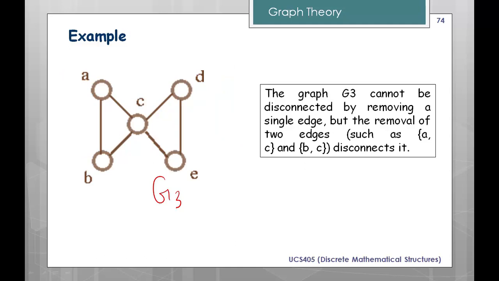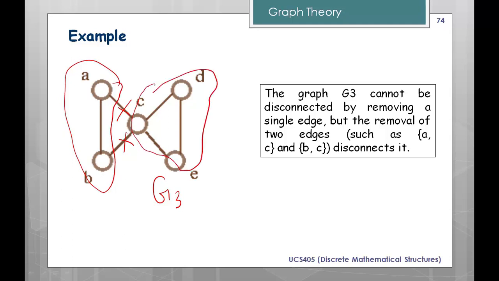It cannot be disconnected by removing a single edge, but by removing two edges such as AC and BC. If we remove both edges, then we are left with AB, which is one component, and the second component is this one. So these are the cut edges.